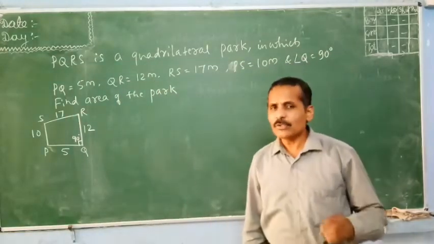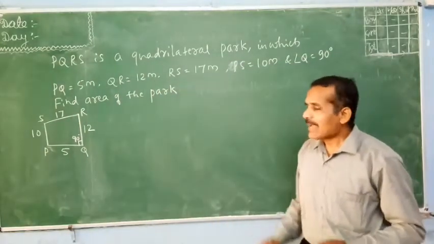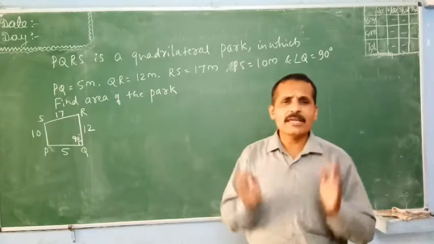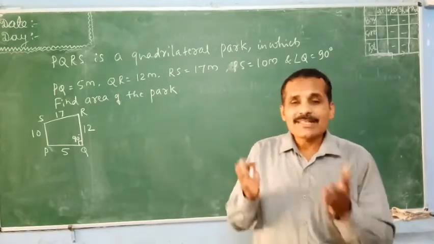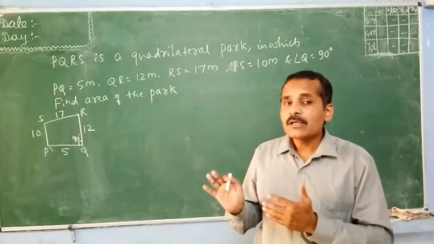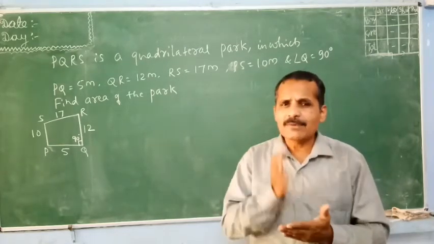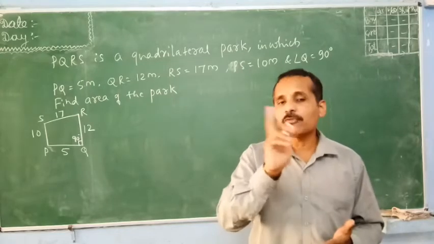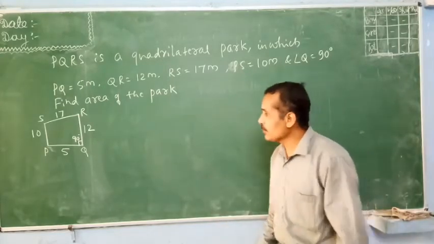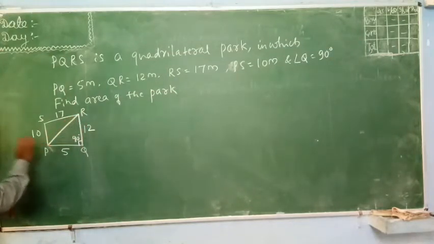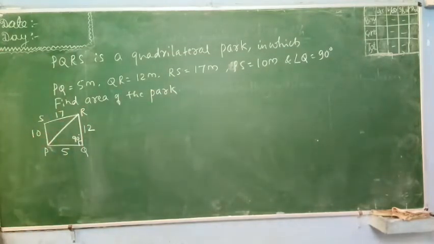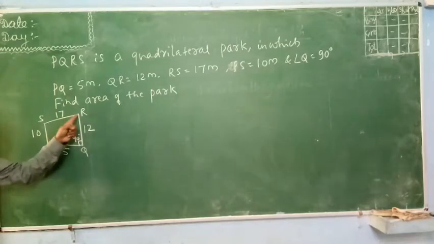My dear children, what will I do now? At once, I cannot find the area of a quadrilateral, right? Heron's formula can be applied only for a triangle, not for a quadrilateral. So what will I do? I will divide that quadrilateral into two parts by drawing a diagonal. Why will I draw the diagonal here only?